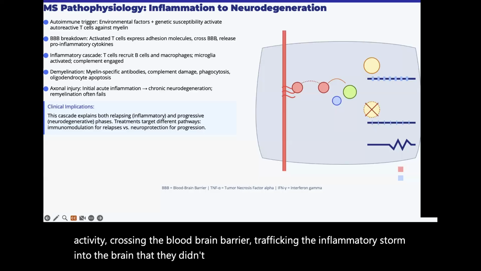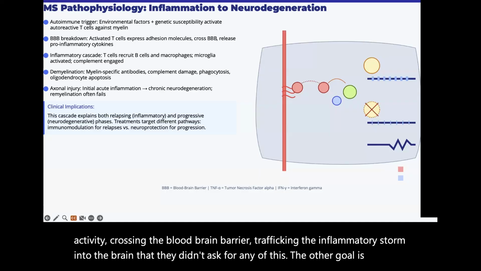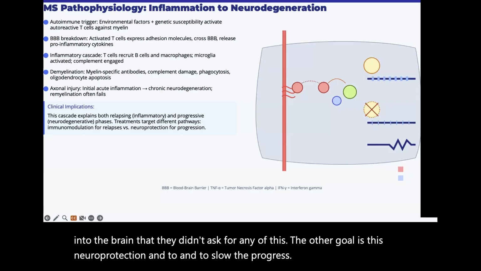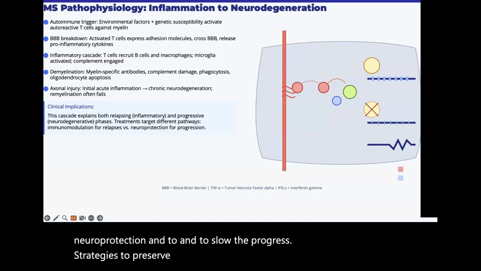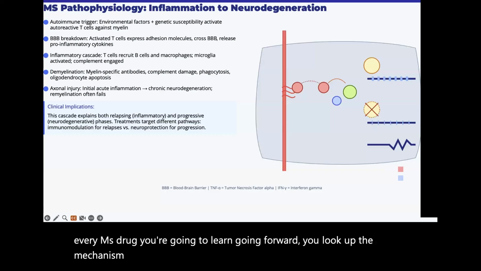The other goal is neuroprotection and slowing progression, strategies to preserve the axons once damage has been established. So for every MS drug you're going to learn going forward, you look up the mechanism of action, and you're going to notice it's trying to stop one of these pathways here.